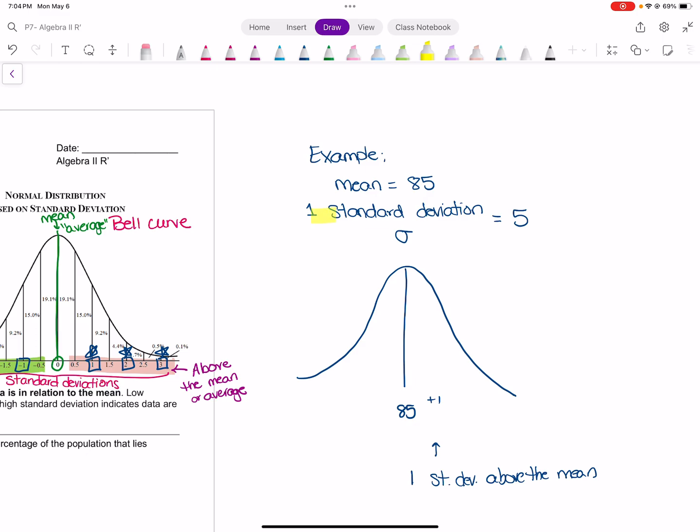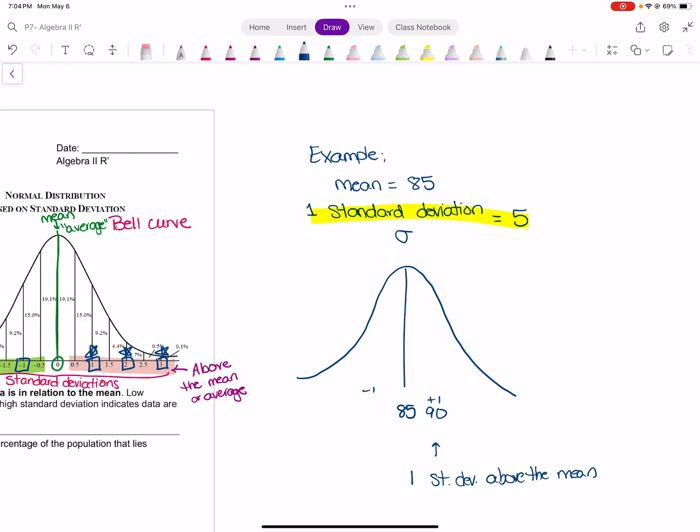Right now, I said that 1 standard deviation was worth 5. So if I am 1 standard deviation above the mean, it means I am 5 points above the mean. So 85 plus 5 means that I would have a score of 90 if I was 1 standard deviation above the mean.